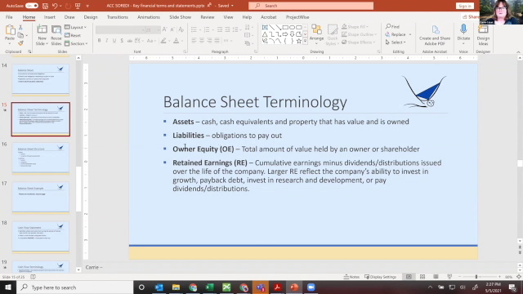As business owners, these are the two that you are probably most interested in, because owner equity describes in dollars the amount of value that you hold as the owner or shareholder of your business. This is the amount that the IRS uses to determine when you have to pay capital gains, for example. The retained earnings area looks at the cumulative earnings of the company throughout its lifetime, minus any dividends or distributions that are paid to the owners or stockholders.